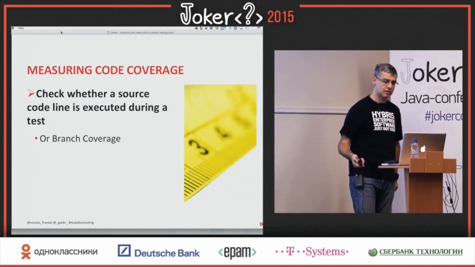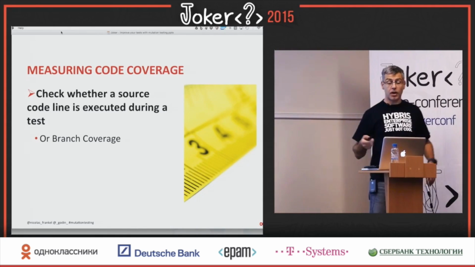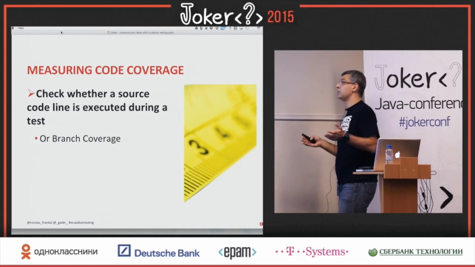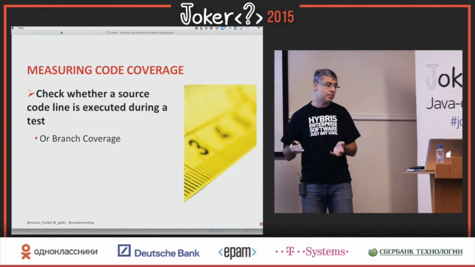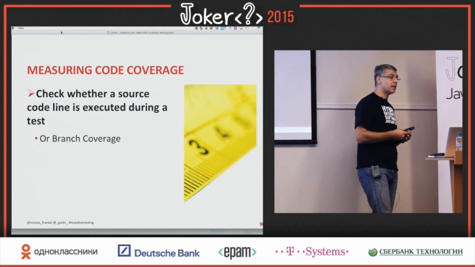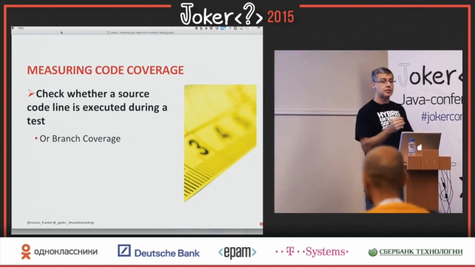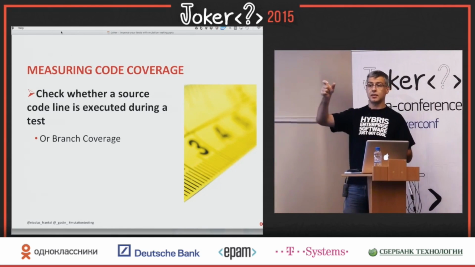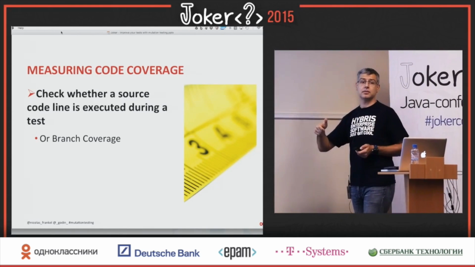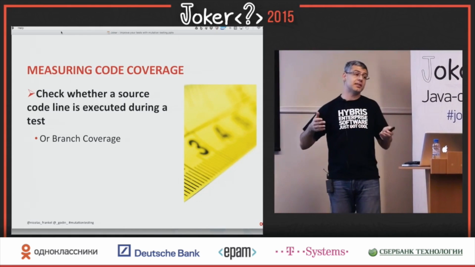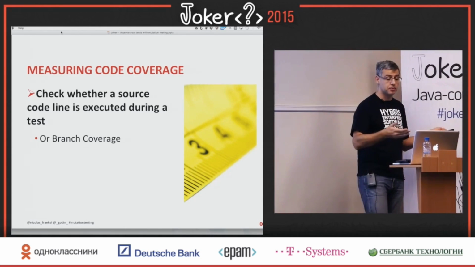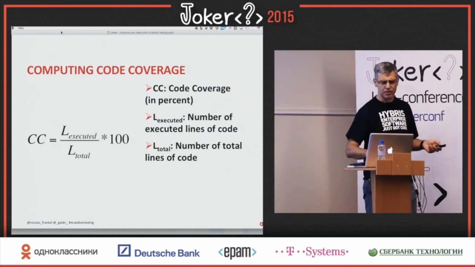Okay, makes sense. So how do you measure it? Very simply, you execute the tests, and then you check line by line if the line was executed or not. And you can do the same with branches. And then you've got branch coverage. So it's very simple.